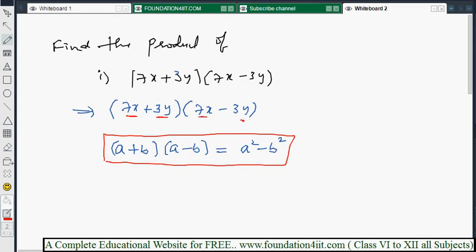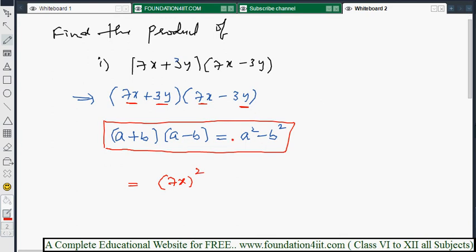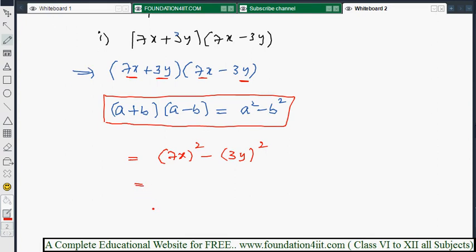So we write 7x overall square, not only 7 square, 7x whole square, minus 3y, the second term. Apply the bracket because there is a numerical value and a literal variable also. So apply the whole square. Then try to solve this.